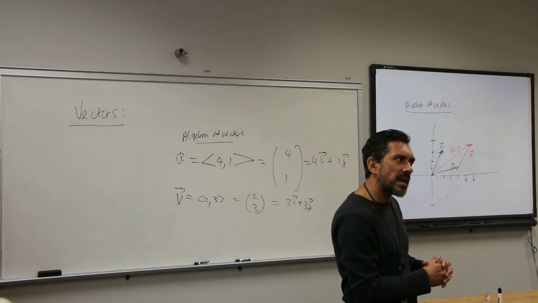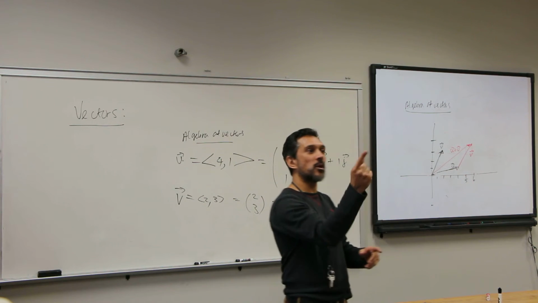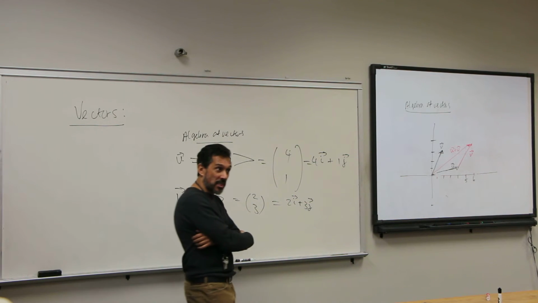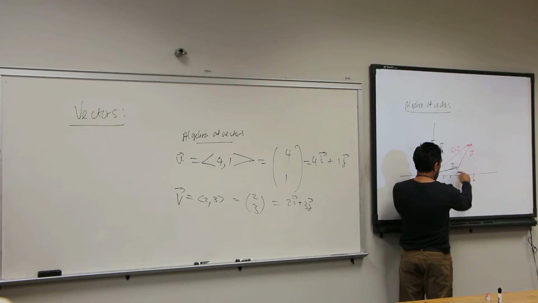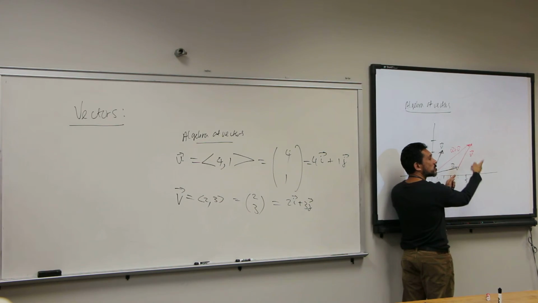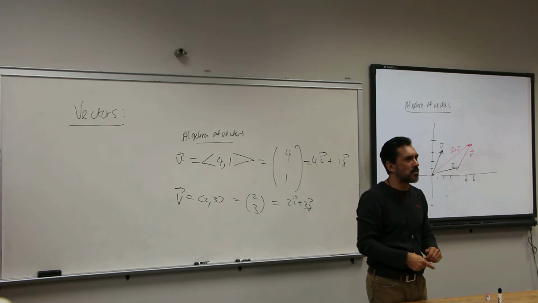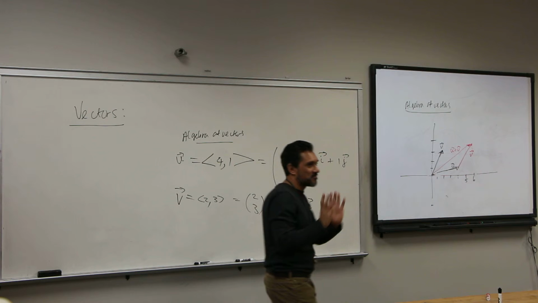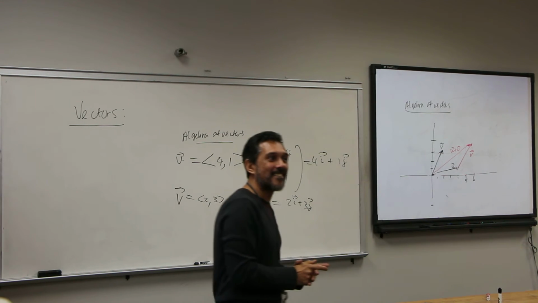But where's the magnitude? And you say what? Do you know the Pythagorean theorem? 4 along and 1 up: 4 squared plus 1 squared, you take the square root, is the square root of 17. Good.